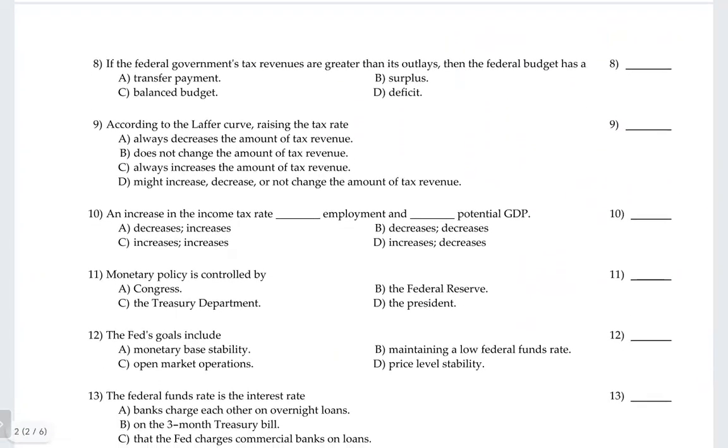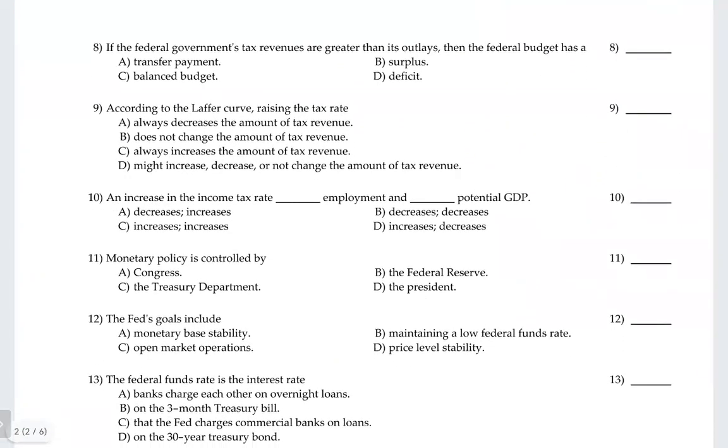Now we go to the second page. So question 8. If the federal government tax revenue is greater than its outlay, then the federal budget has... This is a chapter about fiscal policy, right?